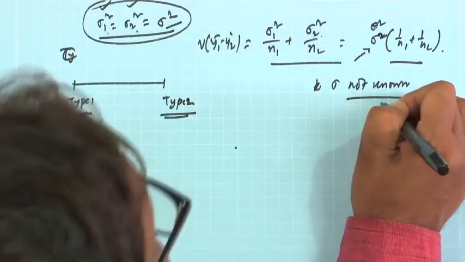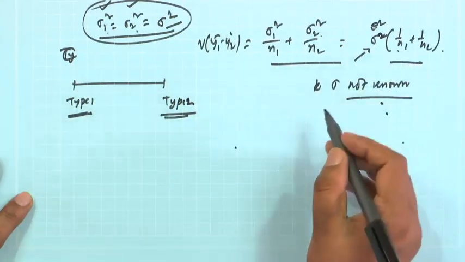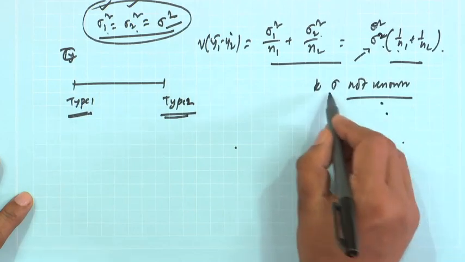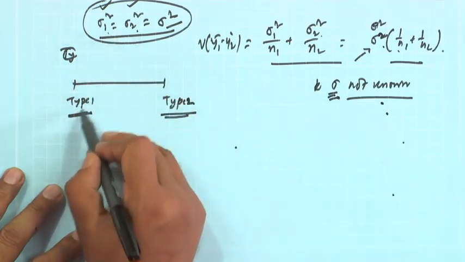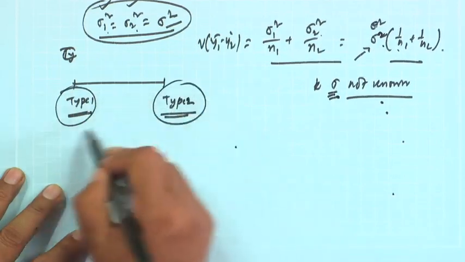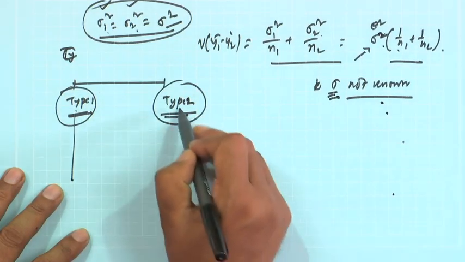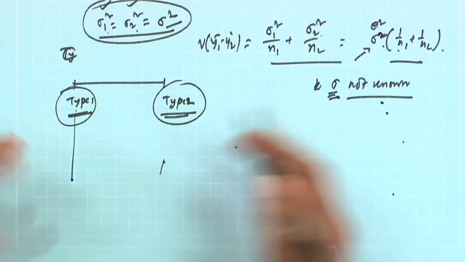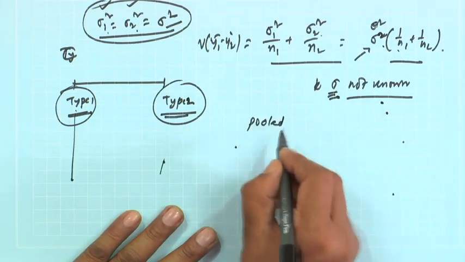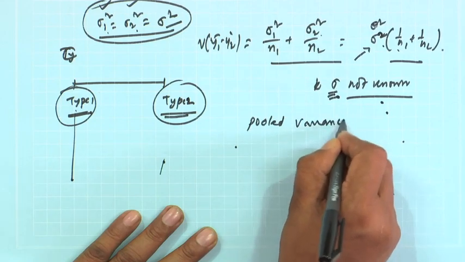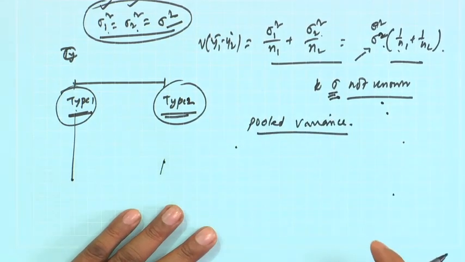Under this situation you estimate sigma not from only the data from type 1 filter or only the data from type 2 filter, rather you mix them and get the pooled variance. That is what I want to tell you.